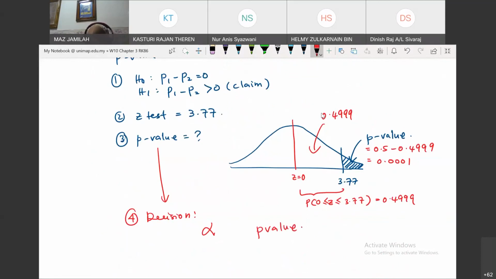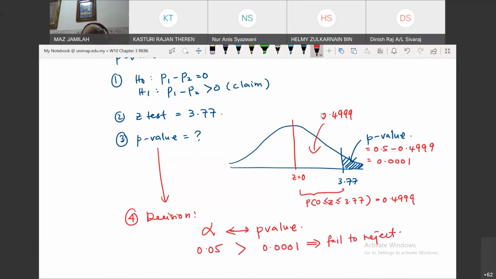Alpha is 0.05. What is our p-value? The p-value is 0.0001, so alpha is greater than our p-value. Then in this case, we are going to what? We are going to fail to reject.